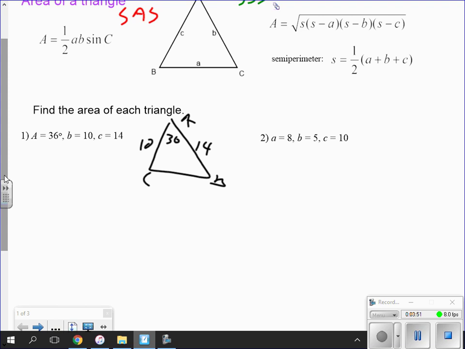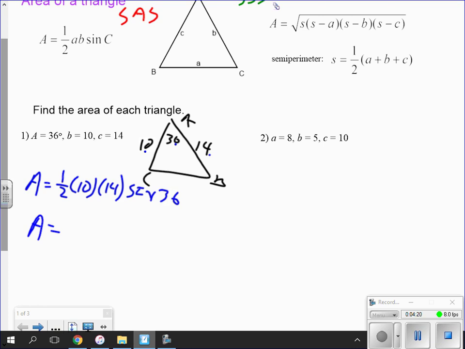Okay. Now, from here, what do I have? I have two sides and the angle in between. Area is easy. 1/2 times 10 times 14 times the sine of 36. Okay, you punch that into your calculator. 0.5 times 10 times 14 times the sine of 36.